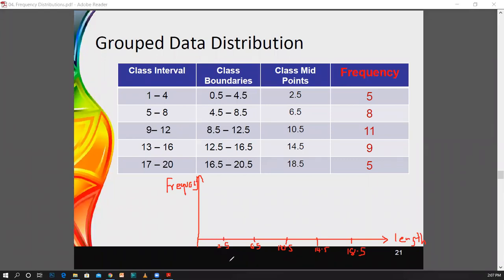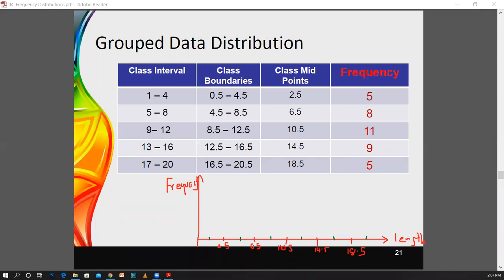For the class associated with the midpoint 2.5, the class boundaries are 0.5 to 4.5. Then the next boundary goes from 4.5 to 8.5. Likewise, the class boundary is definitely in the middle of these parts. Now you have to mark the y-axis with appropriate values.